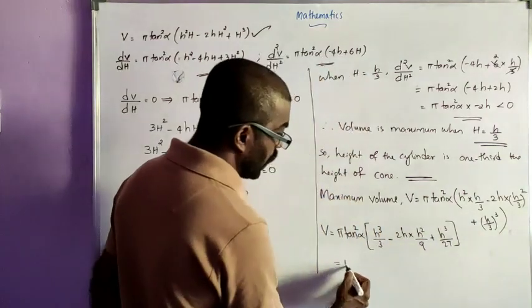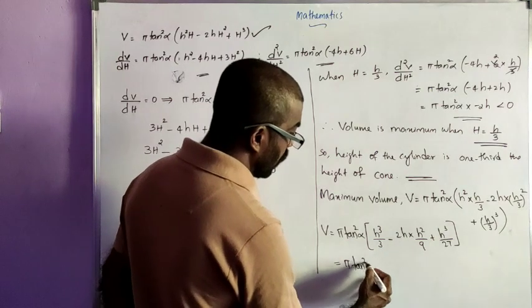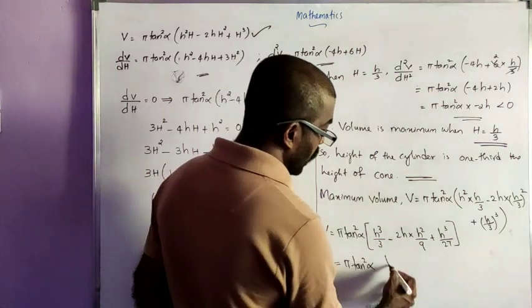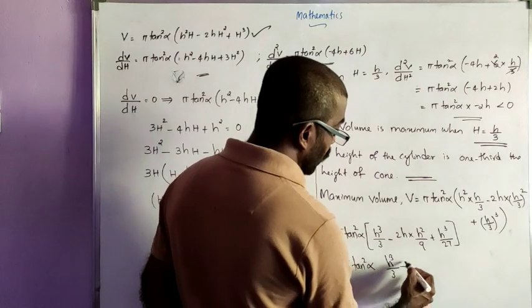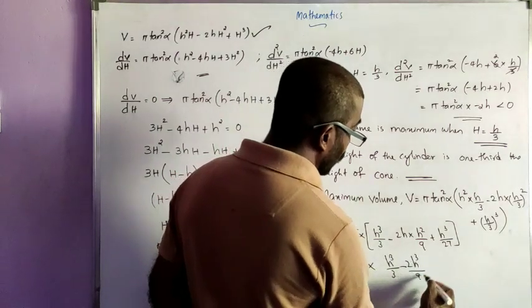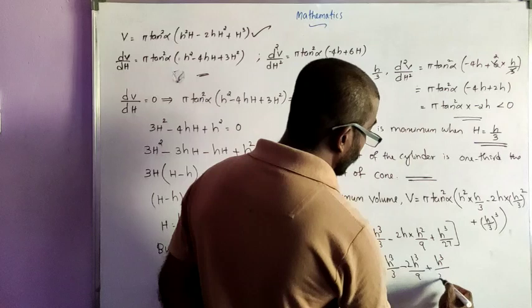Or we can write π tan²α, then h³ by 3, minus 2h³ by 9, plus h³ by 27.